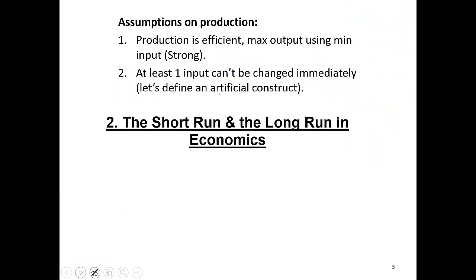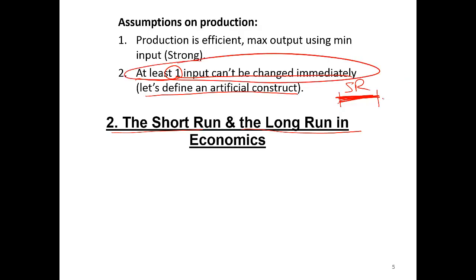So let's define an artificial time construct to convey the idea that at least one input can't be changed immediately. In economics, we divide time into the short run and the long run. Imagine every company has a short run. It's a period of time in which at least one input can't be changed, and the long run is a period of time in which you can change everything.